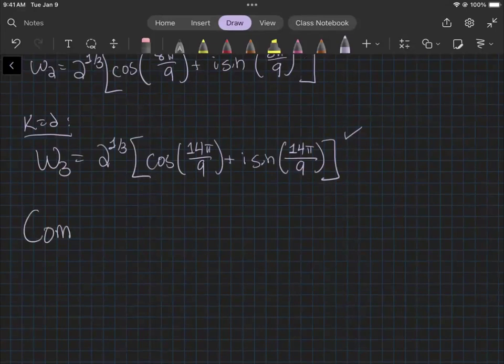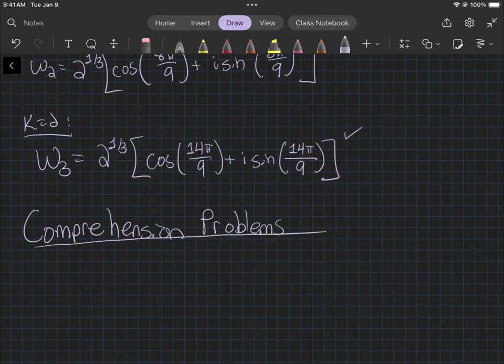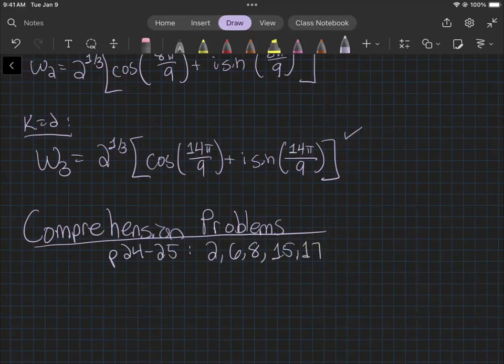But for now, I want you to work on these comprehension problems on pages 24 to 25: problems 2, 6, 8, 15, 17, 19, 27. Those are the problems for you to work with.